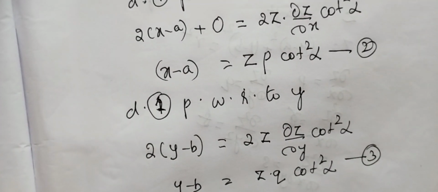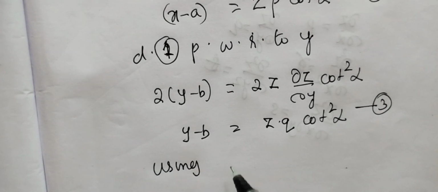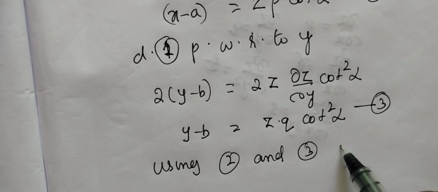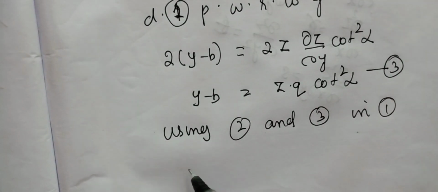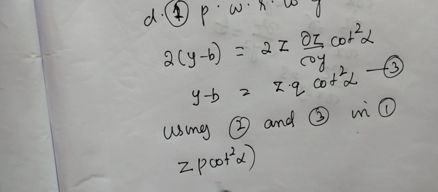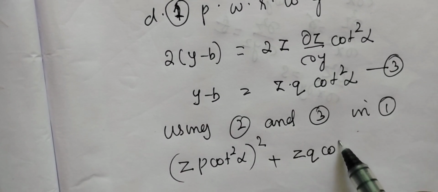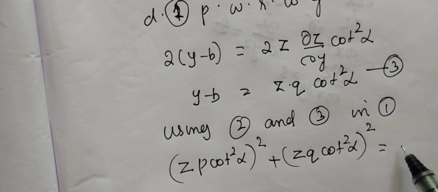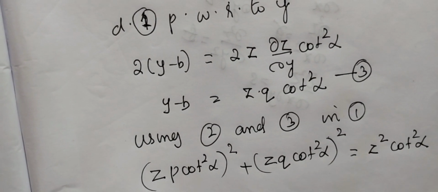Using 2 and 3 in equation number 1, what will be the answer? That is z p cot square alpha the whole square plus z q cot square alpha the whole square equal to z square cot square alpha.